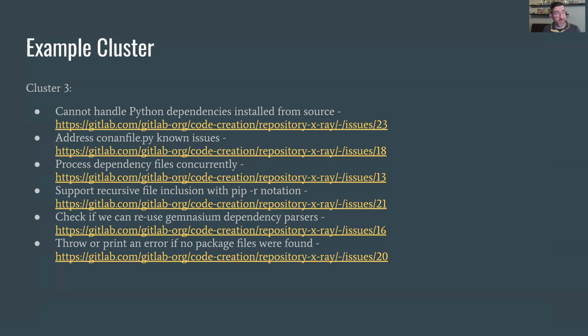So I was pretty impressed that it came up with this grouping because all of these issues are actually fairly closely related. They all happen to be in the same project, which makes sense. And they all are on the same theme of how we do dependencies and the repository X-ray project. So already I was pretty impressed.